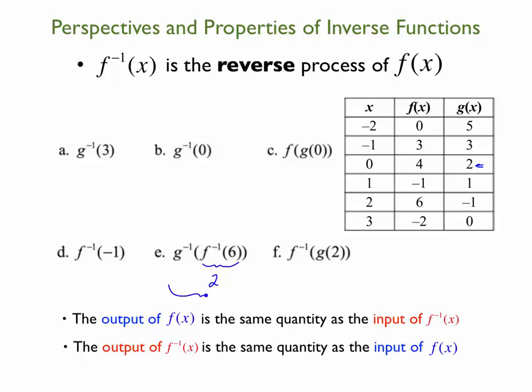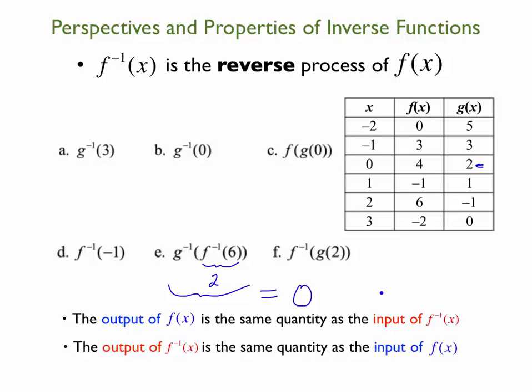And so this whole thing then is what related to G? The input when G of X is 2, which is 0. So you got a 0 for E. Does that make sense?